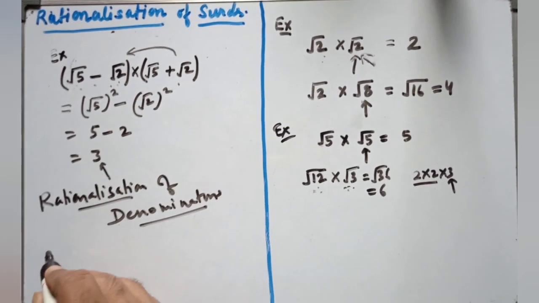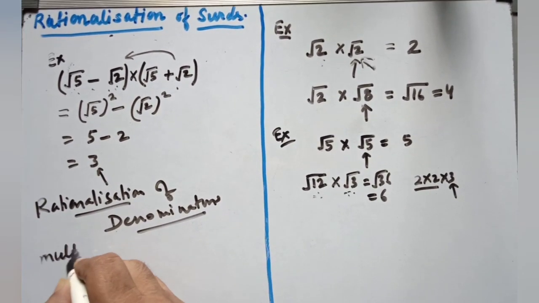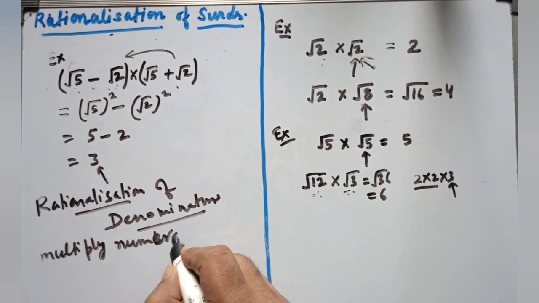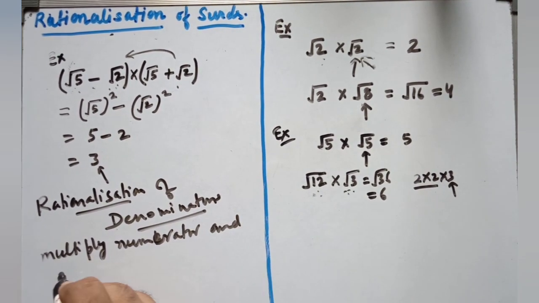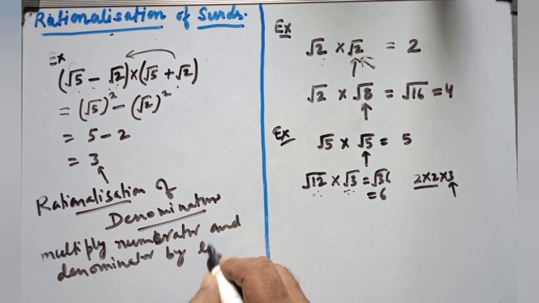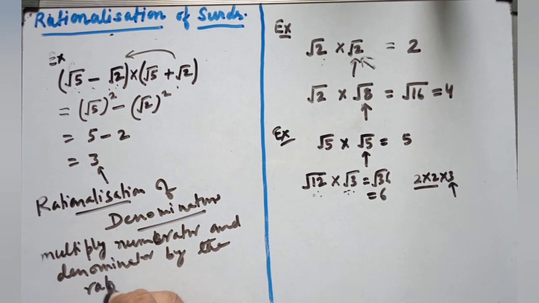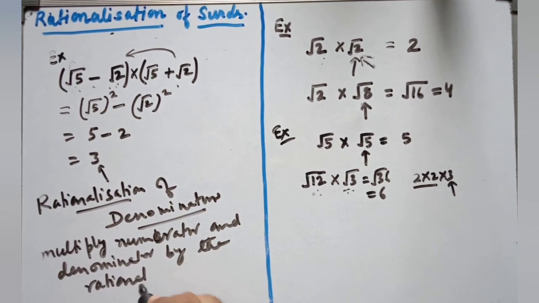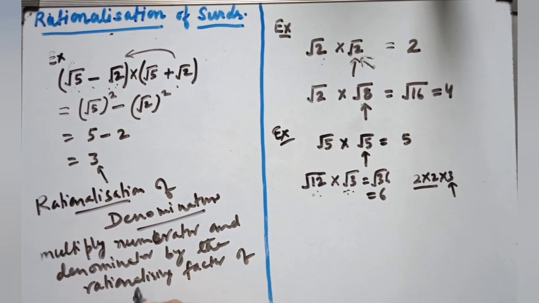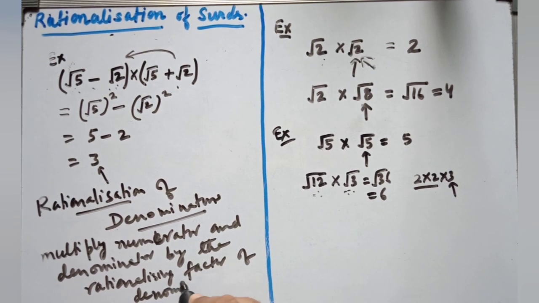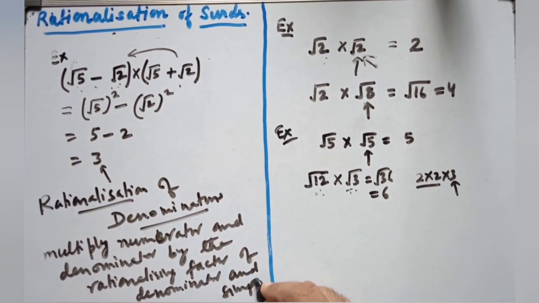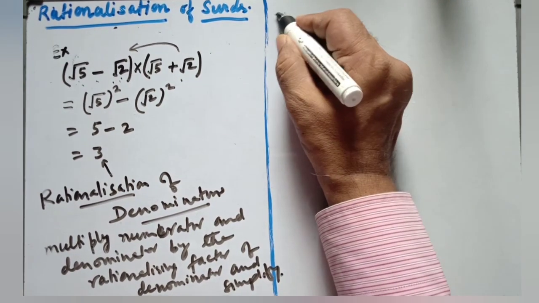So the rule is to multiply numerator and denominator by the rationalizing factor of the denominator, and simplify.